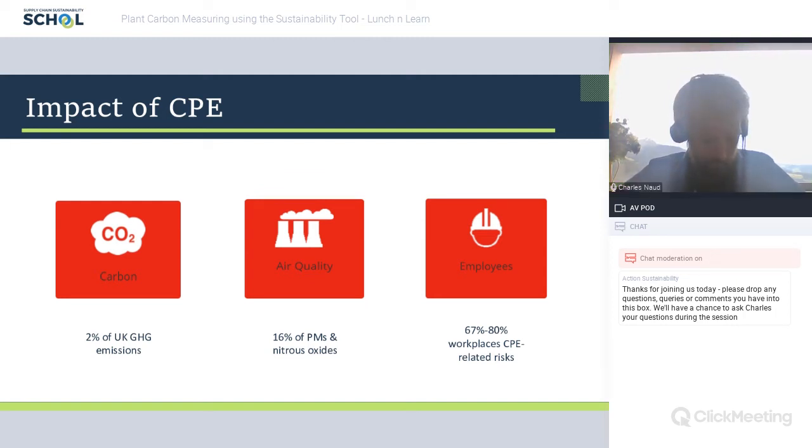And then on top of that, there are also the more physical injuries, less long-term health, but immediate physical injuries that workers and also the public are suffering, related to CPEs, construction plant and equipment, and that represent quite a large number of injuries that we're seeing in our workplace.